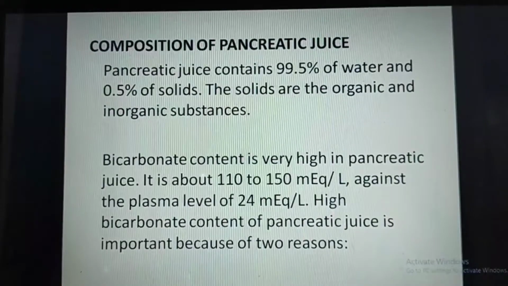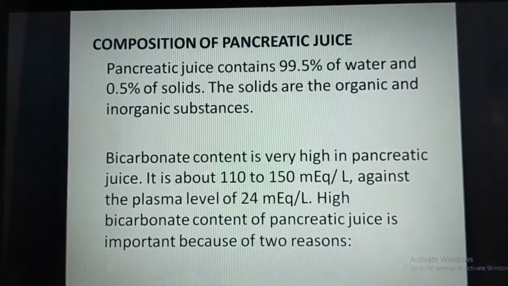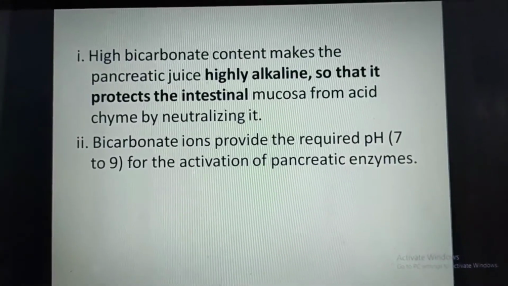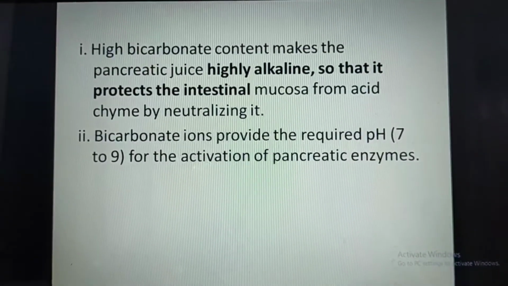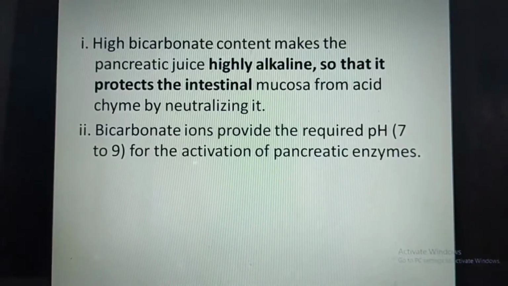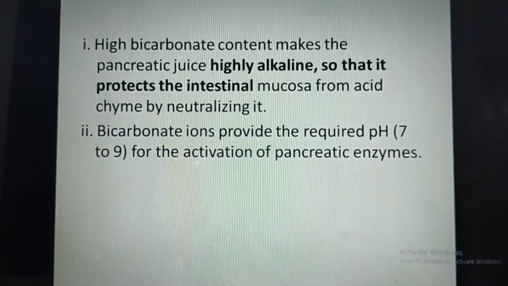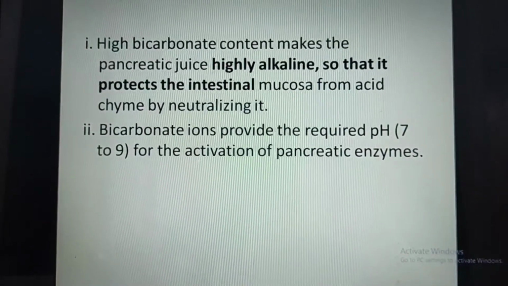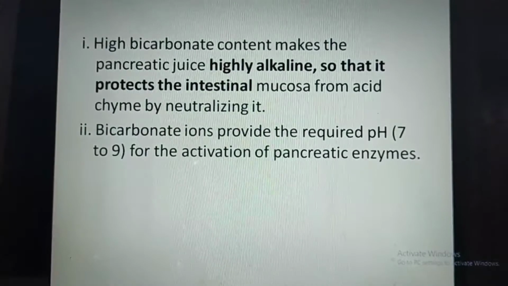High bicarbonate content of pancreatic juice is important because of two reasons. High bicarbonate content makes the pancreatic juice highly alkaline so that it protects the intestinal mucosa from acid by neutralizing it. And bicarbonate ions provide the required pH, which is 7 to 9, for the activation of the pancreatic enzymes.